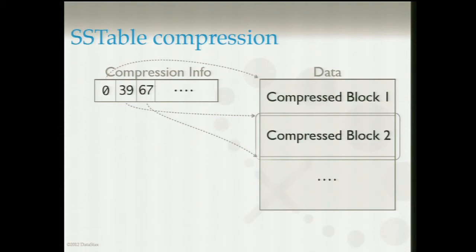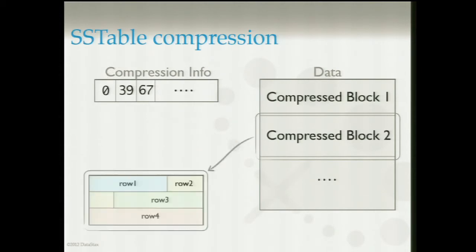So the compression looks like this: I basically have a big array of compression offsets that says, I have these blocks of compressed data, typically 64 kilobytes, and for every 64 kilobytes of compressed data, here's what offset that corresponds to in the uncompressed data file, because that's what we're going to use when we go and read the rows and columns.